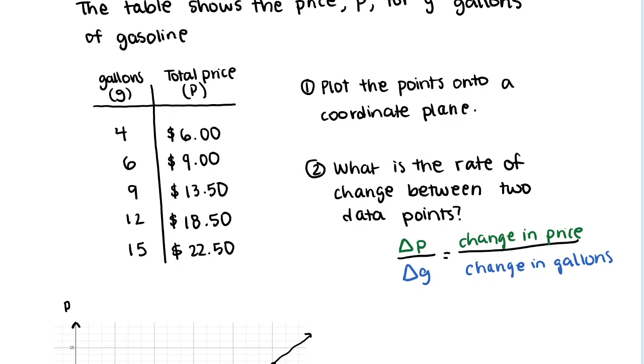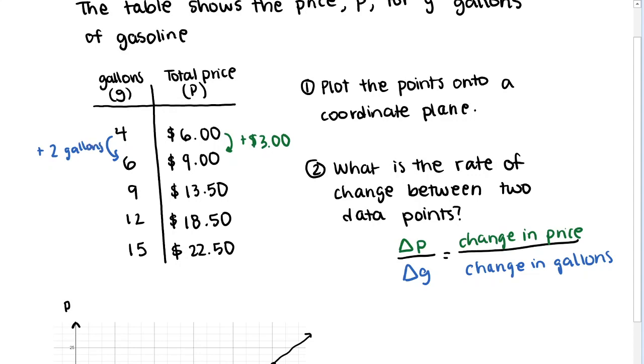If we use our first 2 points, what's the change in price? To go from the first price to the second price, $6 to $9, that's a change in $3, right? That's a $3 increase. And what are they getting for that additional $3? That's for 2 more gallons, so plus 2 gallons.